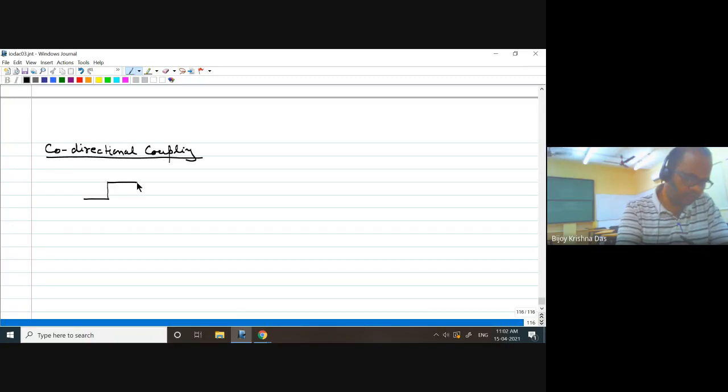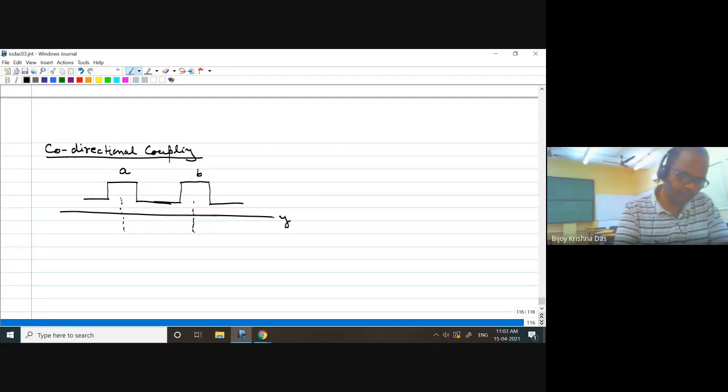So this is your waveguide A, and another waveguide can be considered something like this, and we call these waveguide A and waveguide B. Maybe their lateral separation you consider as y, this is x, or maybe you can consider x, whatever you consider, that's fine.